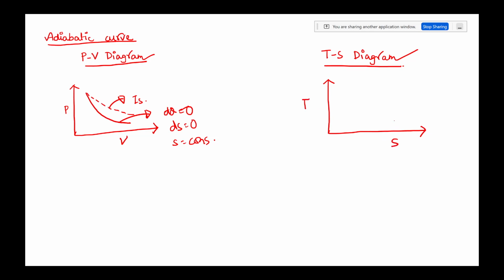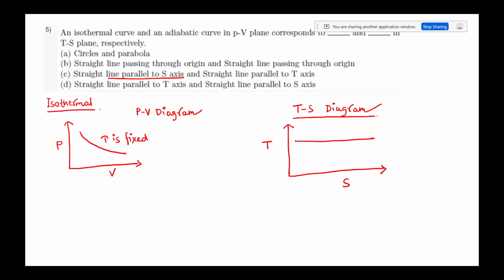S is constant, let me take 1S. So this will be parallel to the T axis. So a straight line parallel to the T axis will be correct.